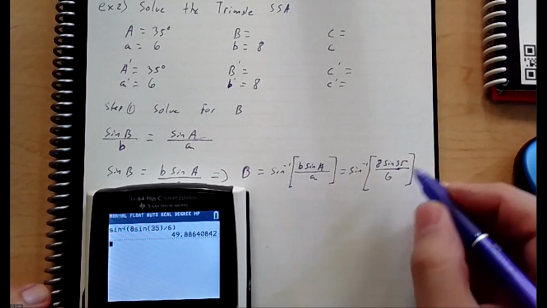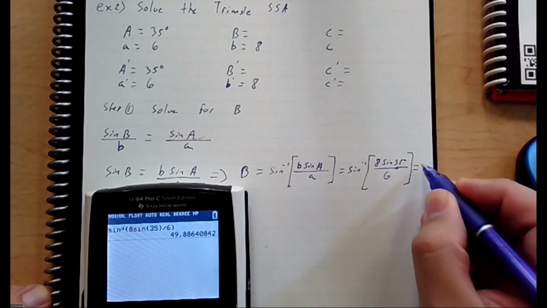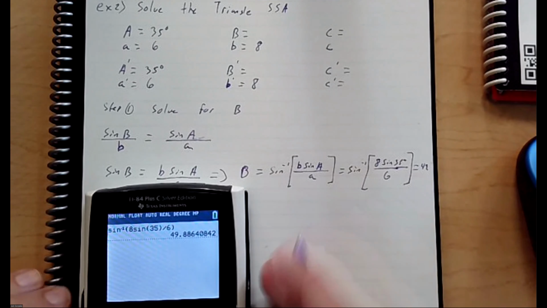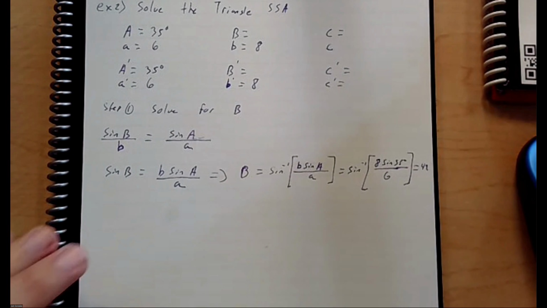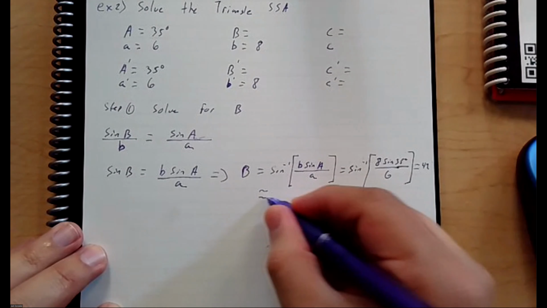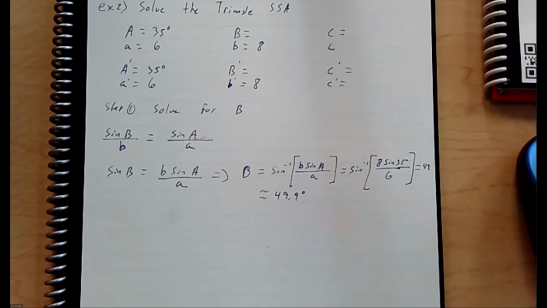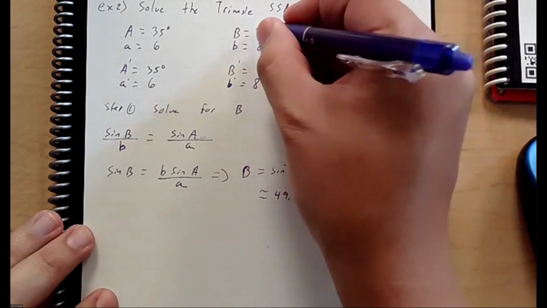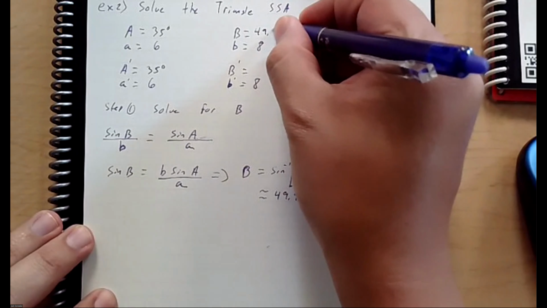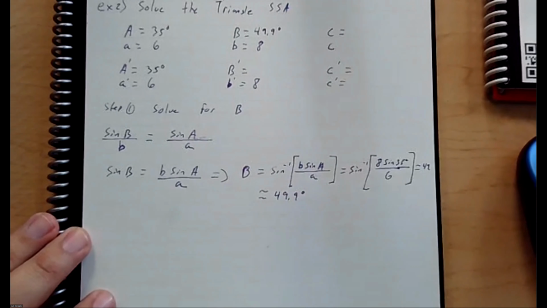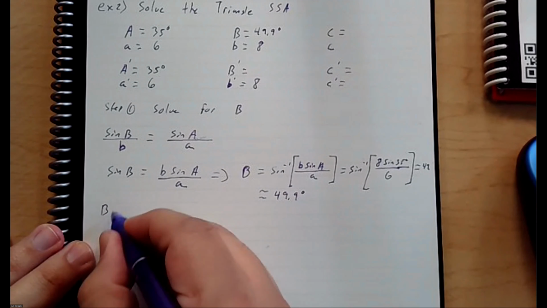$49.9. Yeah, I'll just write down here. There's capital B. Now find B prime.